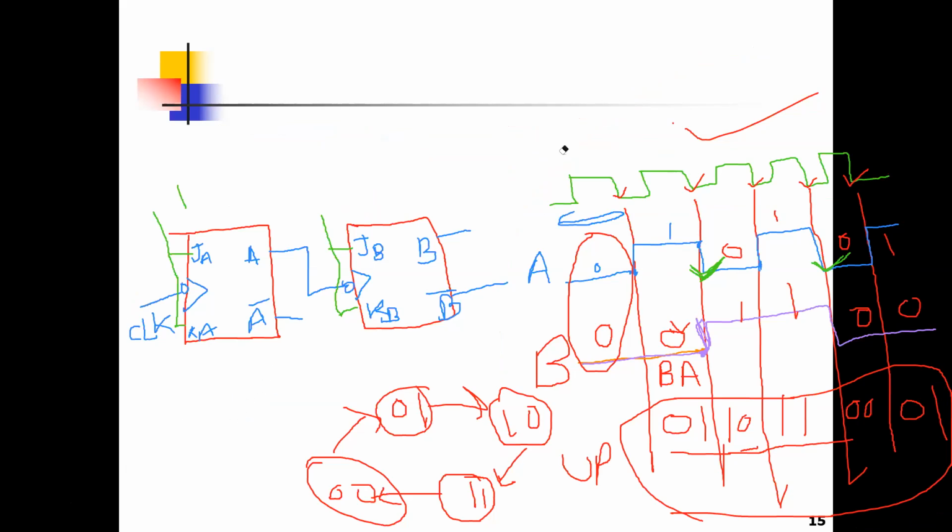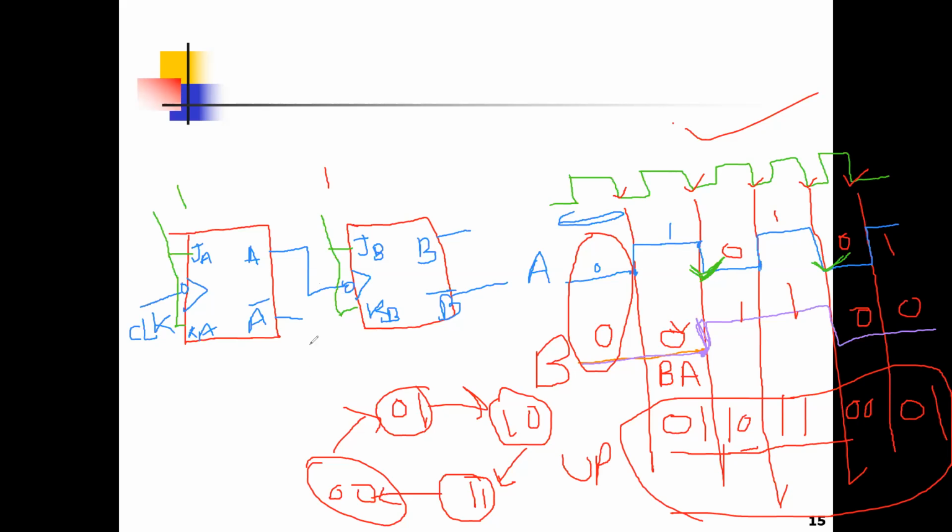Okay. Now, girls, if I ask you to implement the same circuit with a T flip-flop, can you do that? Yes. But Miss, I have a question. If J and K are always 1 and 1, why will it give us a different answer if we connect A bar as a clock?